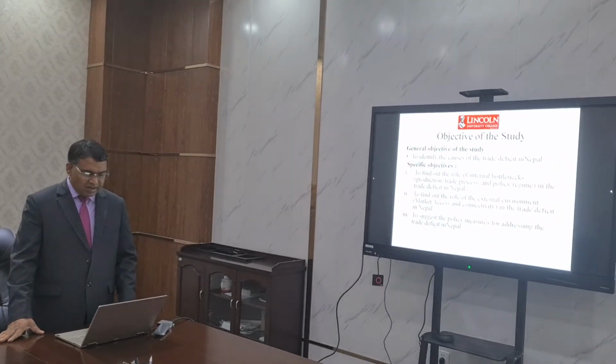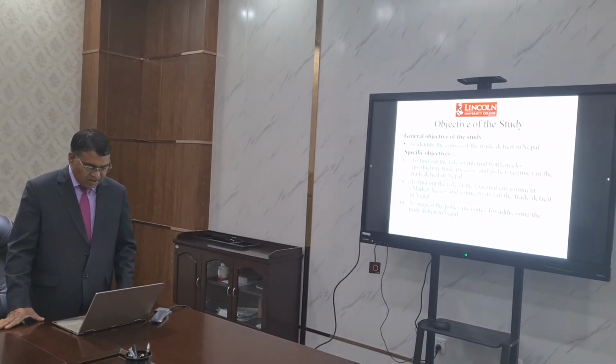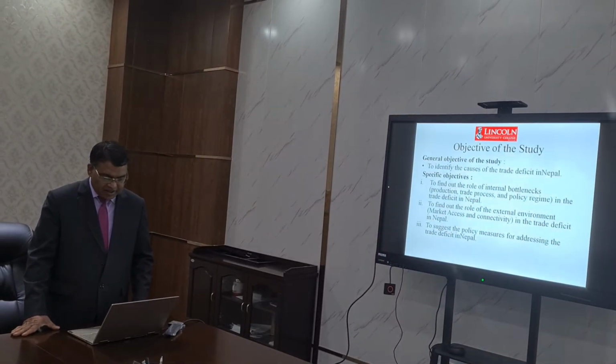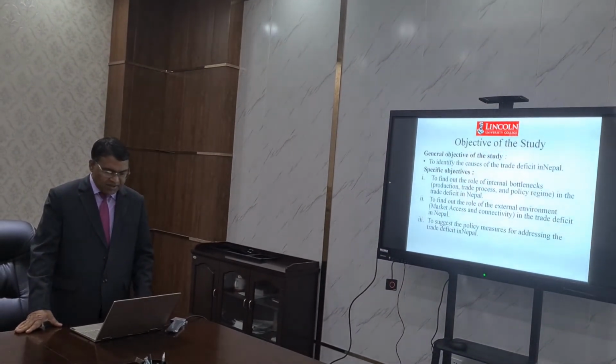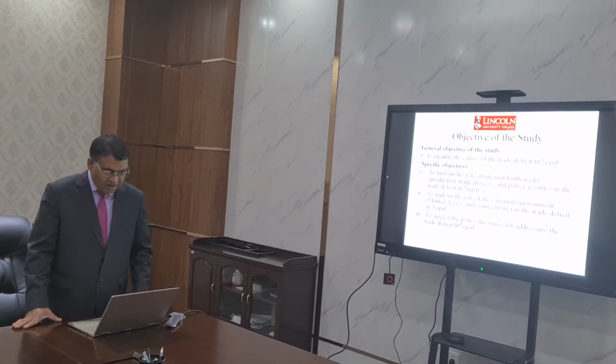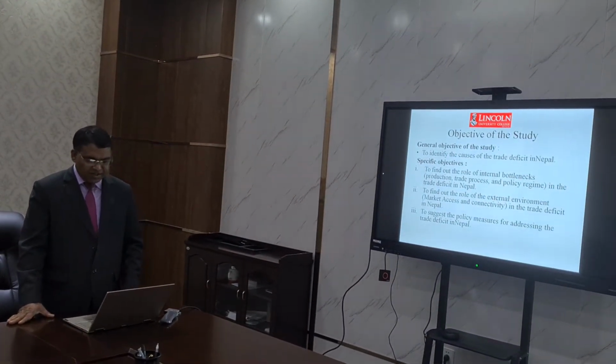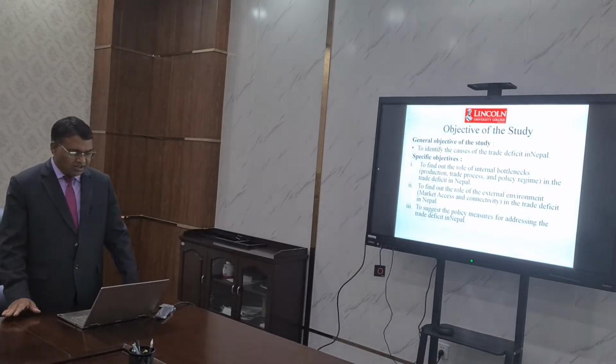Likewise, the second objective is to find out the role of the external environment, market access, and connectivity in the trade deficit in Nepal. And thirdly, this study aims to suggest policy measures for addressing the trade deficit in Nepal.